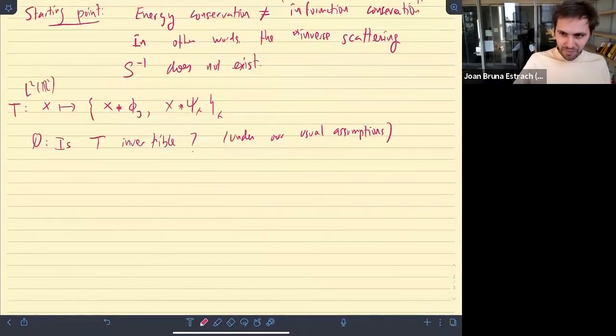That's very good. Thanks, Victor, for taking the lead. Yes, of course, it's invertible. And remember the condition we were using.